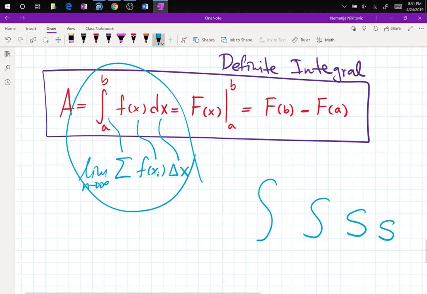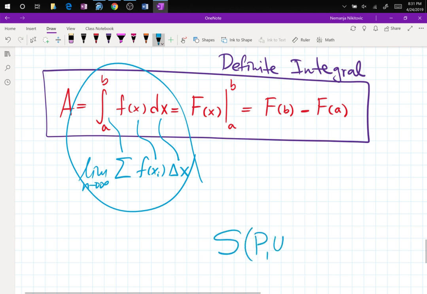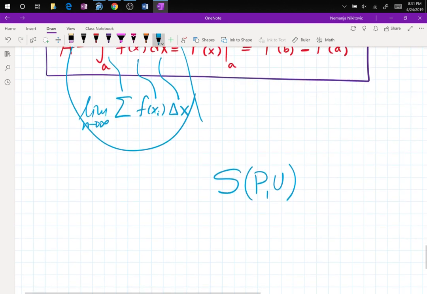What is the original notation from Riemann? The original notation was S P comma U equals blah blah blah. That was the original notation, with German words.